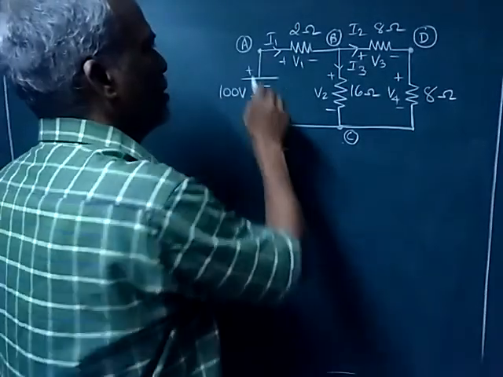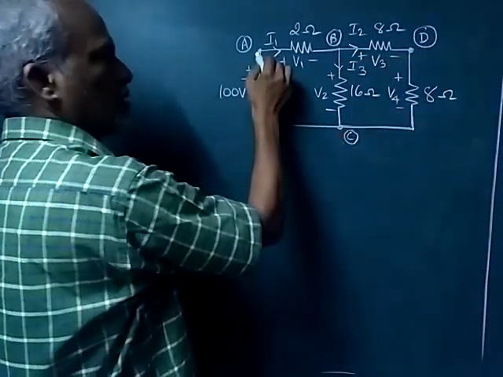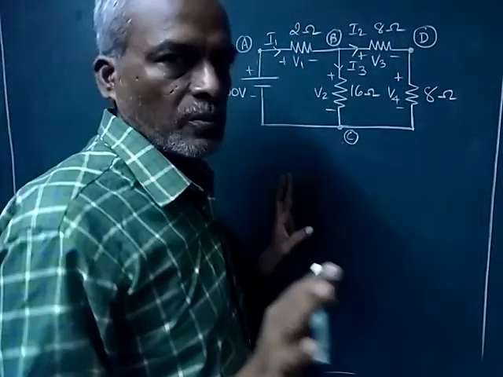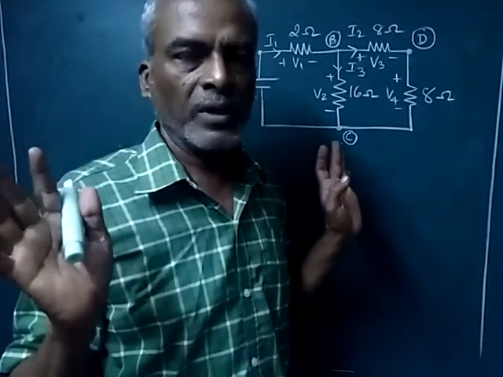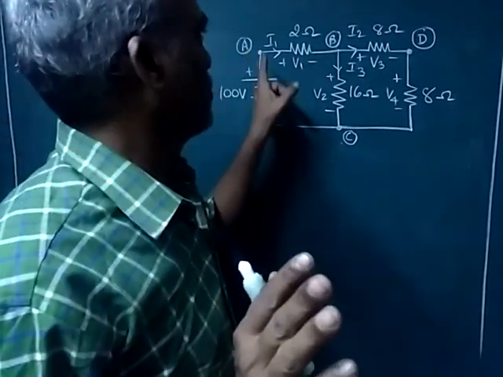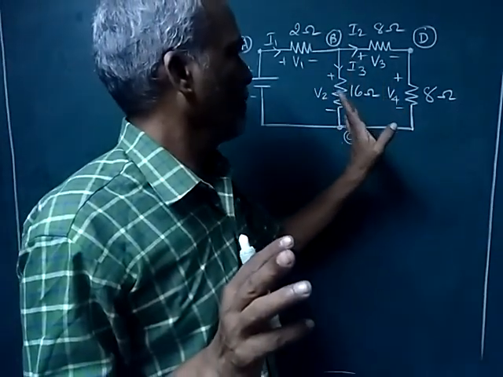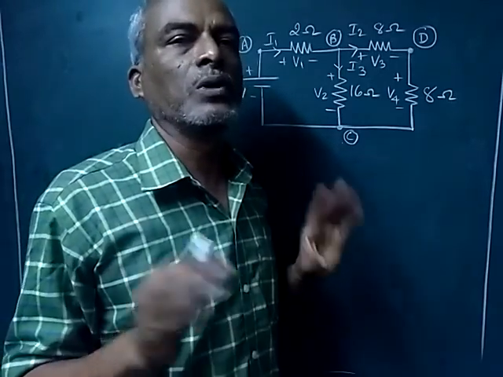That's all. We are not including this, but the outer loop is also a closed loop. So it is up to you. You can take any loop. But our requirement is we want I1, I2, I3, V1, V2, V3 and V4. That's our requirement. So we will make use of Kirchhoff's voltage law.